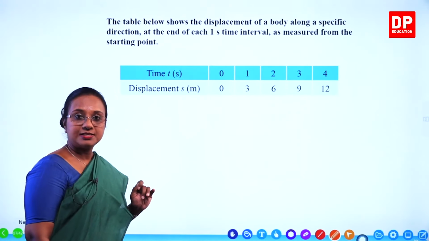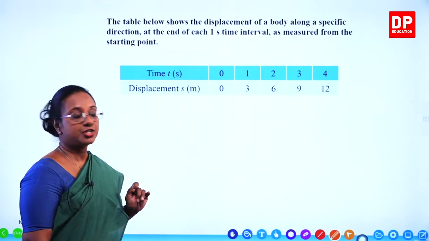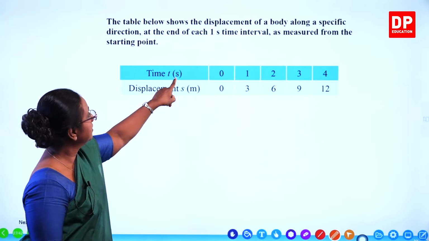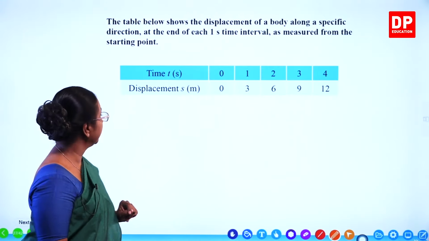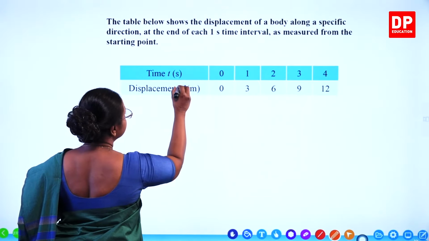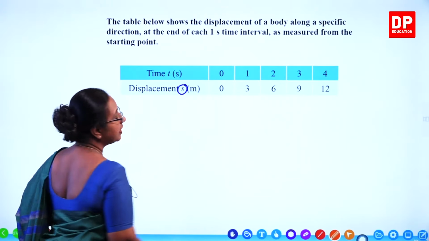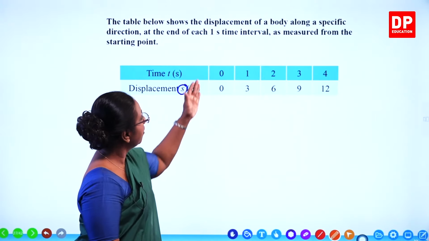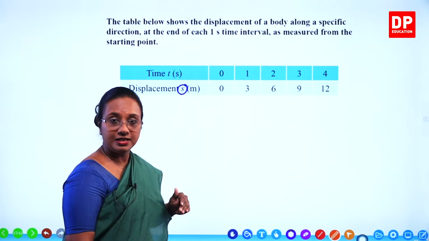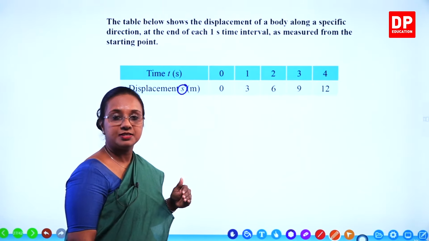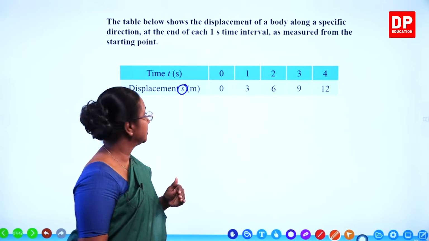So as you can see, for velocity calculations, we need data on time, the symbol is t and the unit is seconds, and here we use displacement. The symbol is s and the unit is meters. As we saw before, the data starts at the initial time, that is 0 seconds, and the initial position 0 meters.